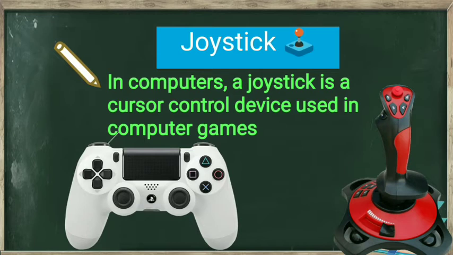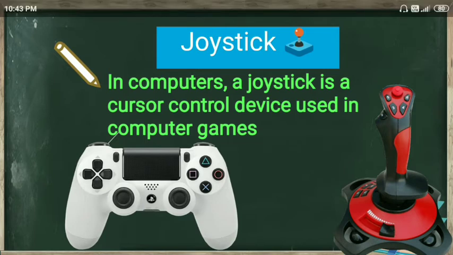A joystick is used to move objects on the screen. Joystick is mainly used for playing computer games. While playing computer games, the user needs to move certain objects quickly across the screen, for which a joystick is better than the mouse. These are input devices.